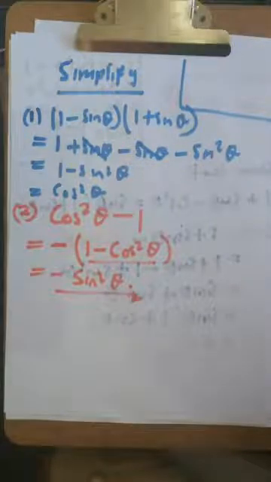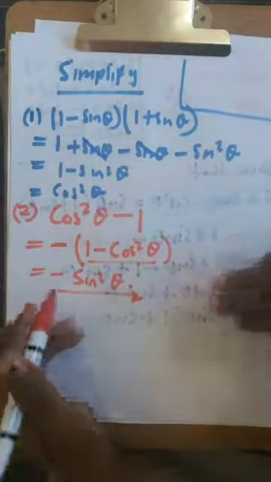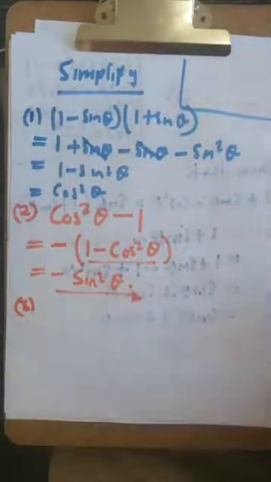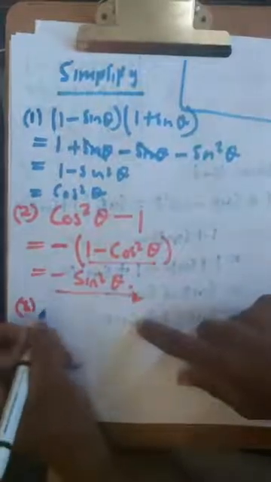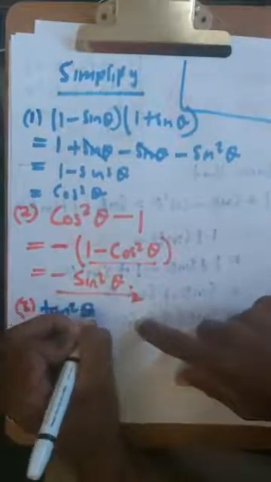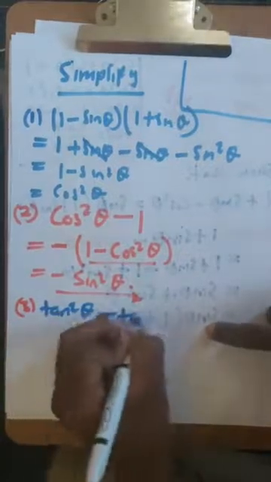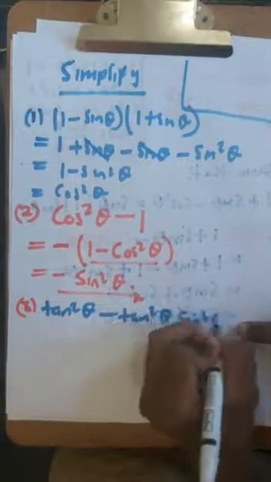Okay, so now let's check number 3. Let me just use a different color. So we have tan squared of theta minus tan squared of theta sine square of theta.